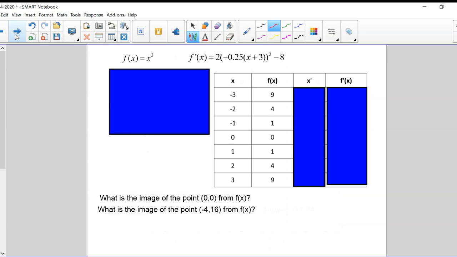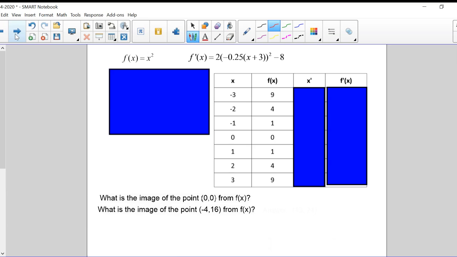Let's talk about the transformations that have taken place with this one. I'm going to ask one of you for any transformation that you think is there. Think of all the transformations we talked about before: vertical stretch, vertical compression, horizontal stretch, horizontal compression, reflection on the x, reflection on the y, all of that good stuff. So Kristen, it's your turn.